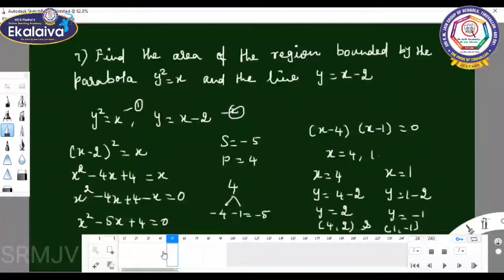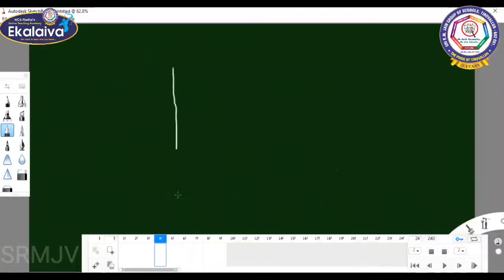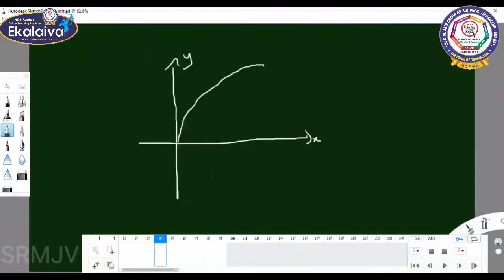So we can draw the graph. See here, x-axis, y-axis. Y square equal to x passing through the origin. It is an open rightward curve.